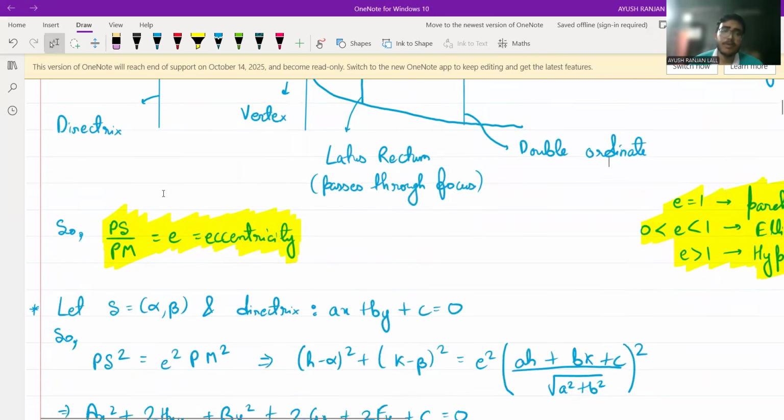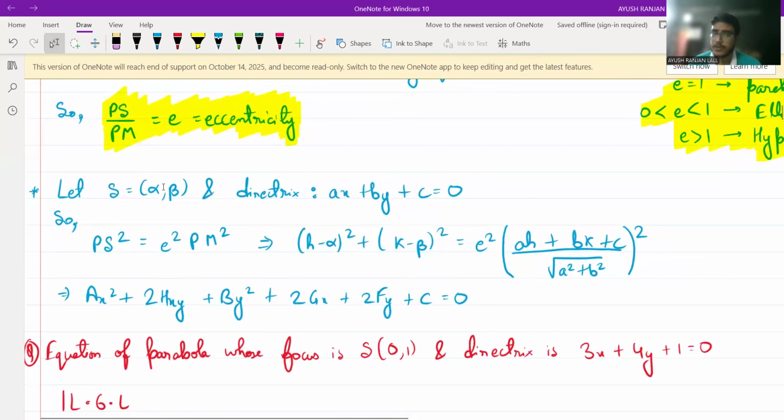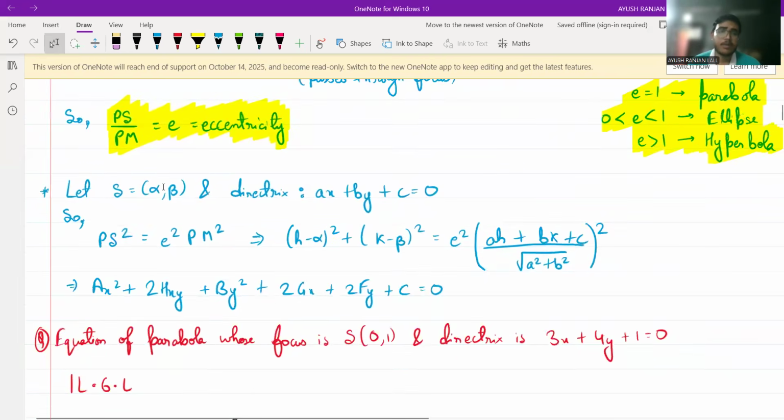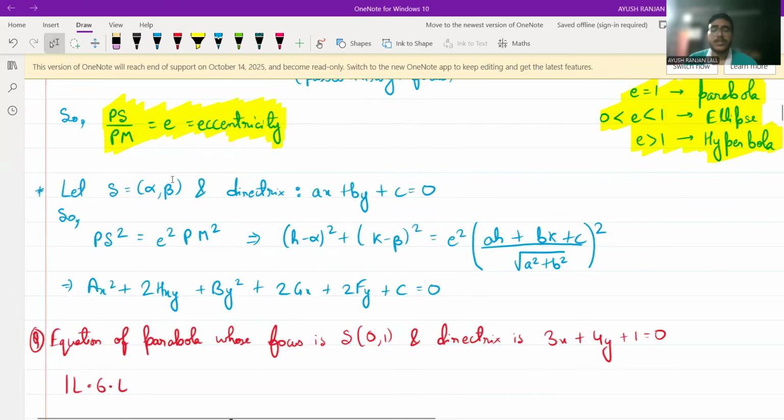Then we move a little bit below and see how we can write a general equation. All of you know that the eccentricity of a parabola is equal to 1. We don't know S, so we have taken S as alpha comma beta.